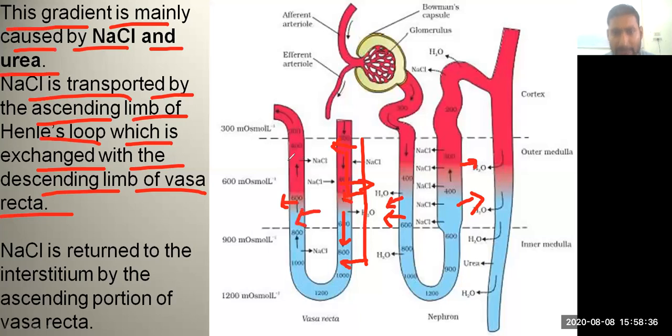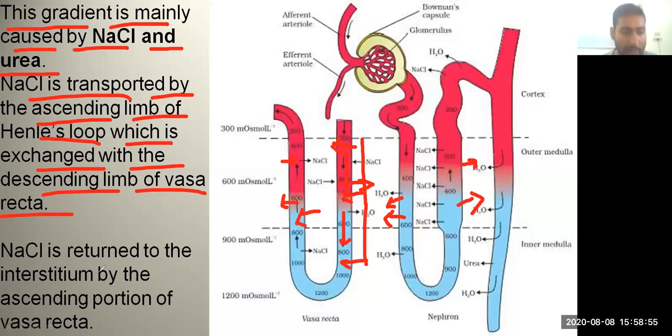The concentration continues decreasing. Here, both the Vasa recta and the loop of Henle play an important role to maintain or establish the counter current mechanism, or the formation of the concentration of the filtrate.